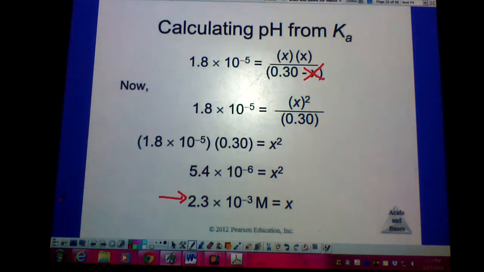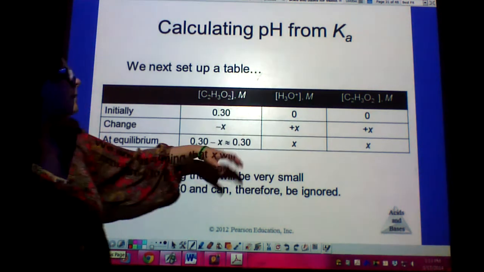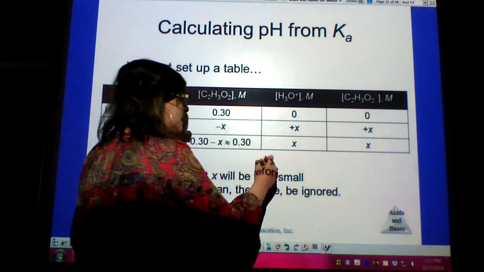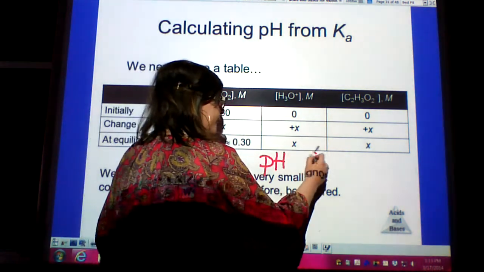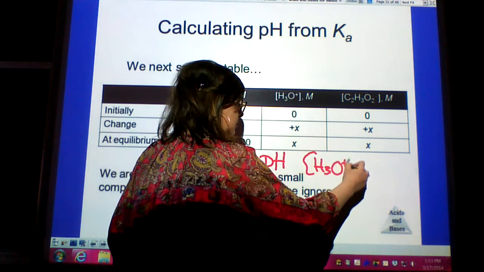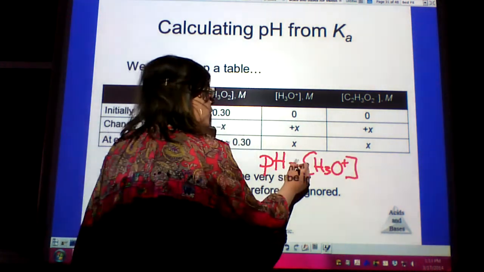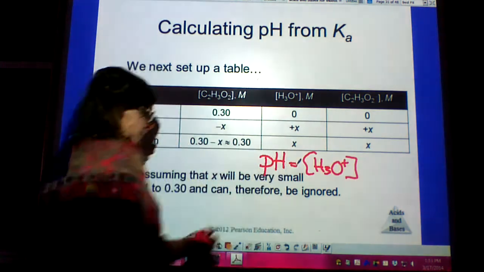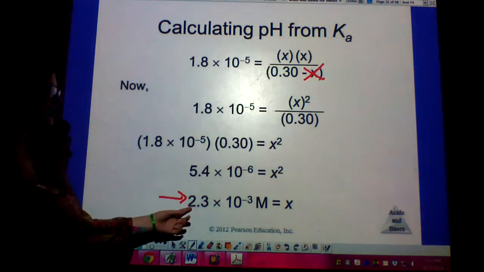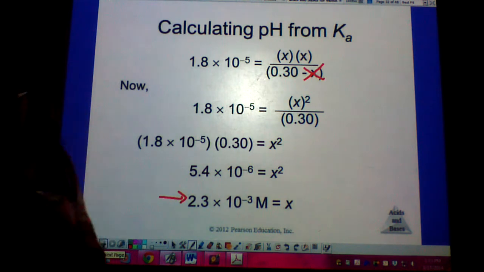Now if I go back to my ICE box, my goal was to figure out the pH for this hydronium concentration. How much hydrogen ion did we have at equilibrium? We just calculated that X is equal to 2.3 times 10 to the negative third molar.